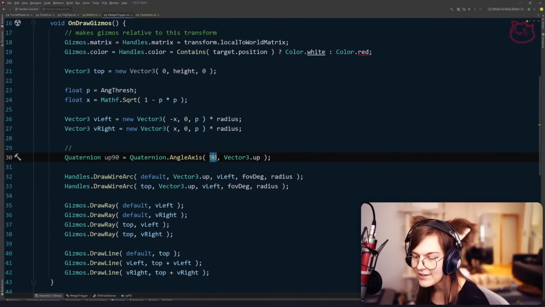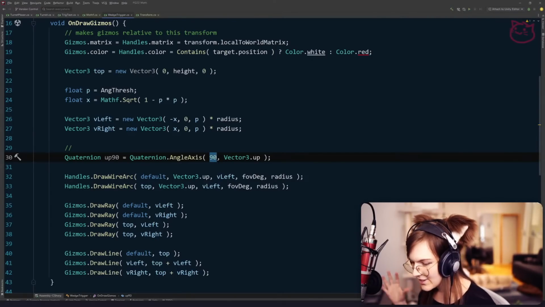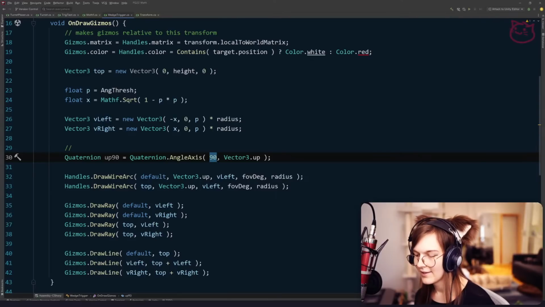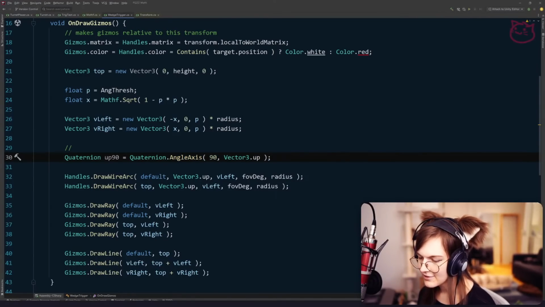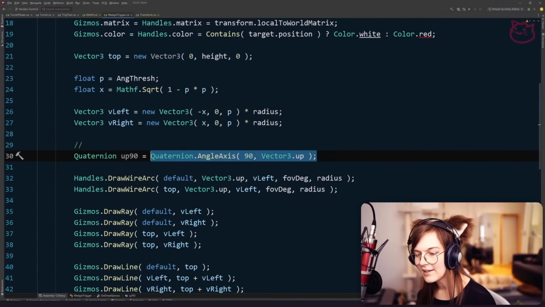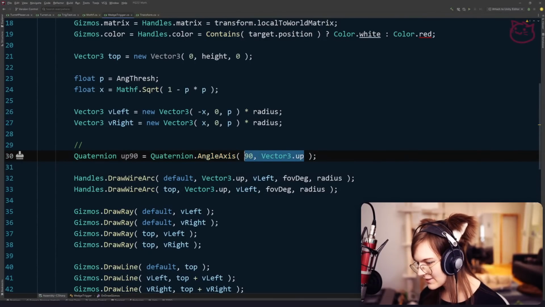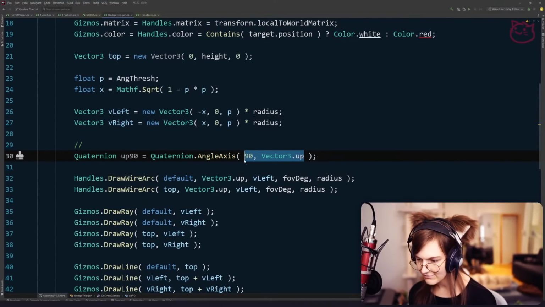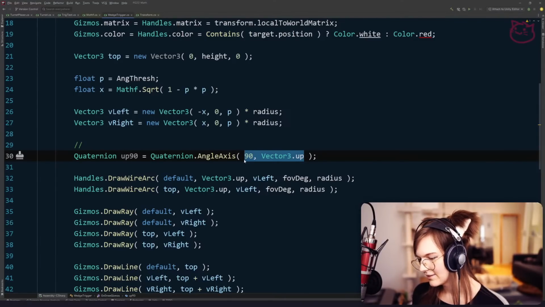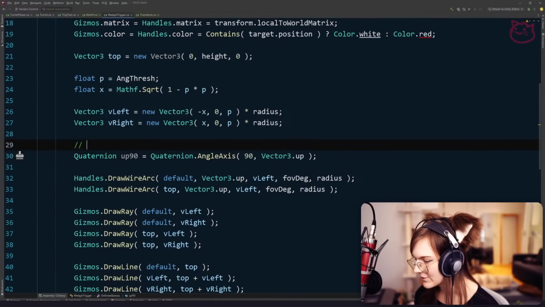And this could be any arbitrary value. So you can just pass in, I don't know, time, and then it's going to rotate over time. Or you can just have a static offset, and so forth. So using quaternion.angle axis will let you specify something in terms of the angle axis format, and then it will convert that to a quaternion.